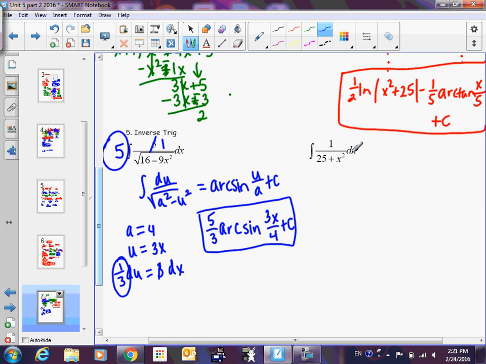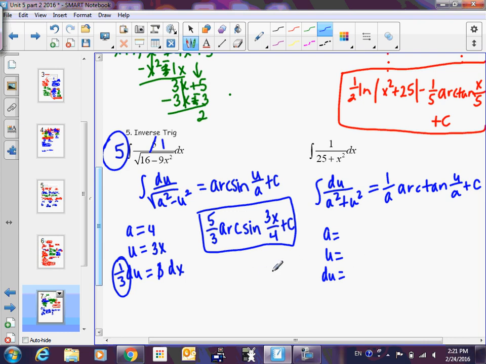Okay, so what do we got going on here? Arctan. So I'm going to write that formula up here. There was no square root and there was a plus. And the other reason the formula was different, it was 1 over a arctan of u over a. So you got to go through the steps. What's a, what's u, what's du?